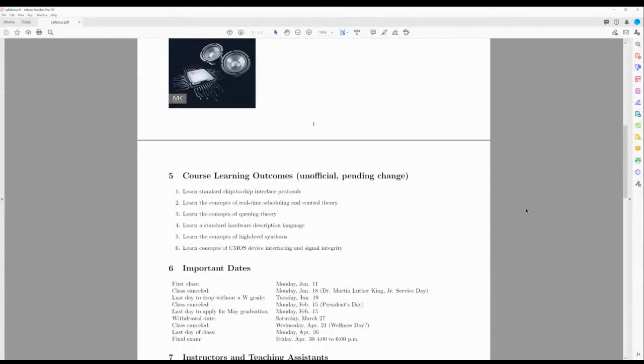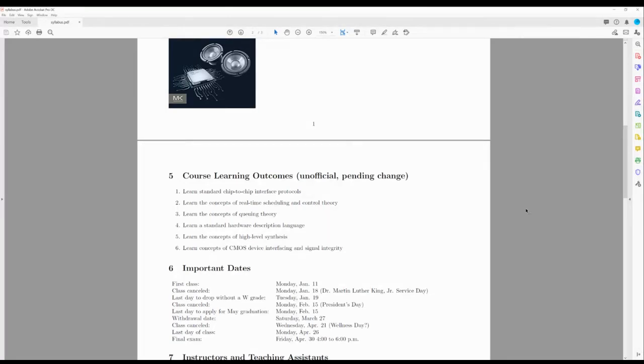We've modified the course learning outcomes for this semester, again, as we refine the way that we teach this course virtually. Our plan is to cover low power system level interface protocols, which is basically all we covered last spring because things got so screwed up. But this version of the course will be more conceptual and less applied, and this will give us more time to add coverage for new topics beyond the interfacing material.